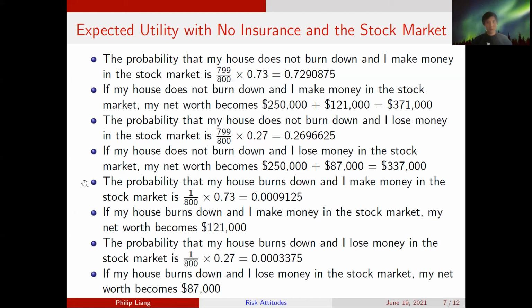Now, if my house burns down and I make money in the stock market, my net worth is going to be 121,000, and that's going to happen with probability 0.009125, and the probability my house burns down and I lose money in the stock market is 1/800 times 0.27 equals 0.003375, and all I'm going to have left in that case is $87,000.